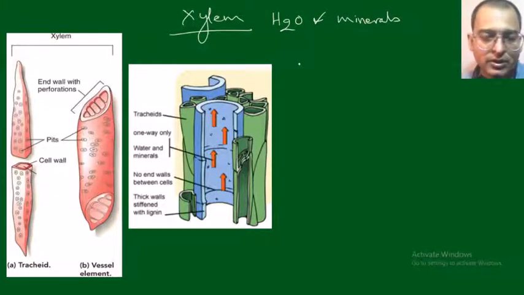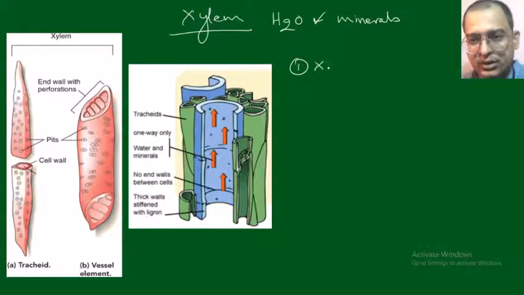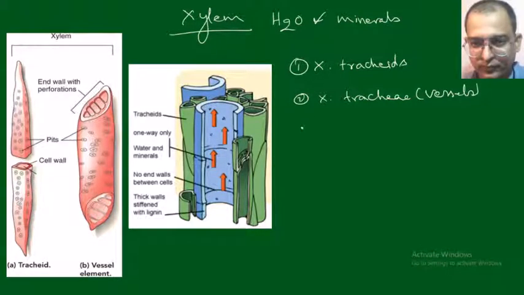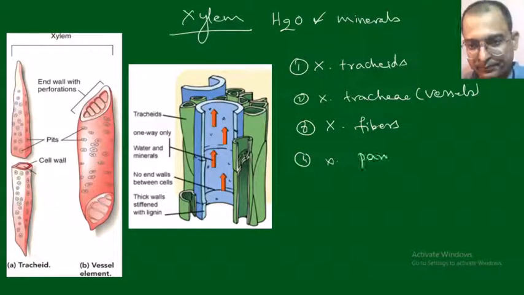There are four types of cells in the xylem: xylem tracheids, xylem trachea or vessels, xylem fibers, and xylem parenchyma.